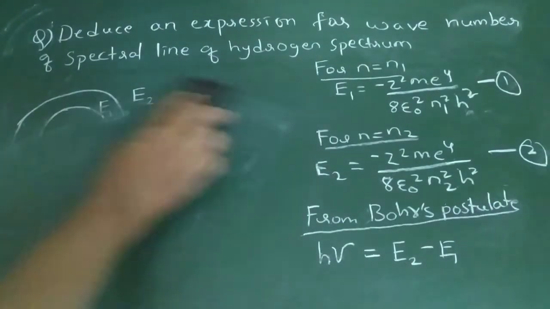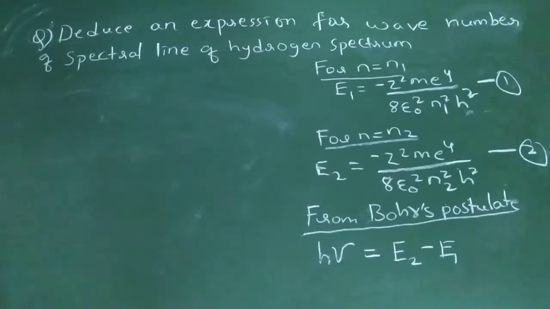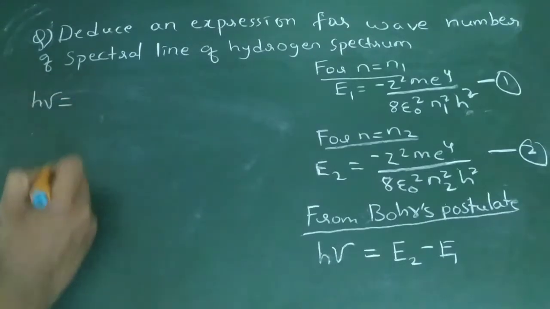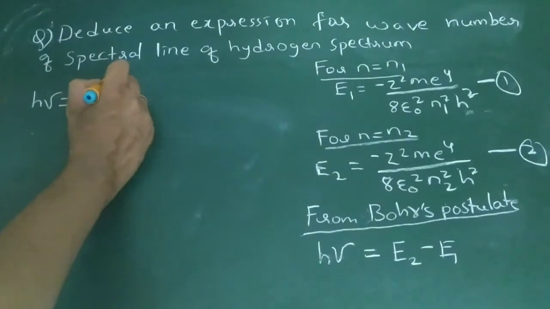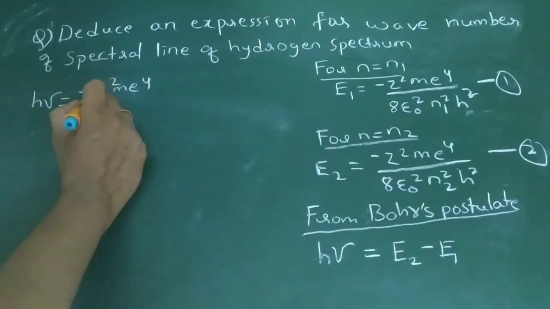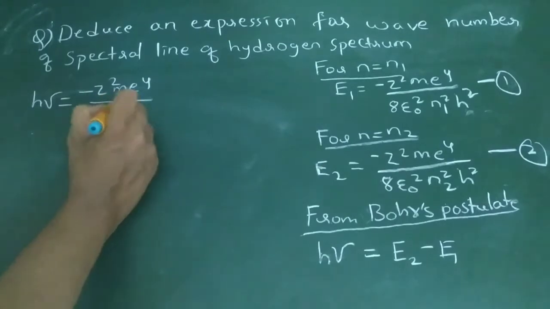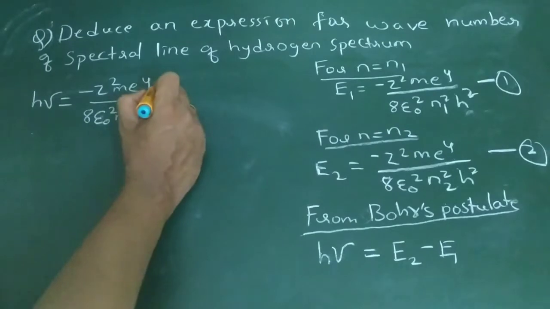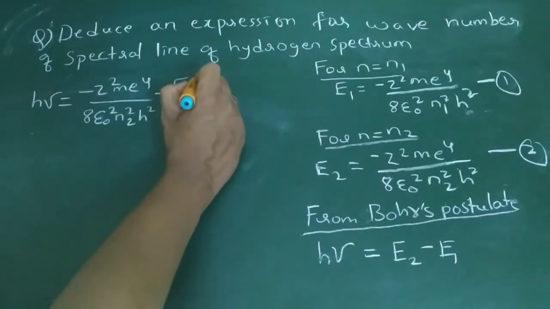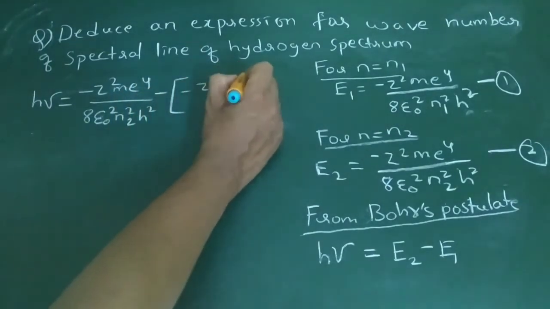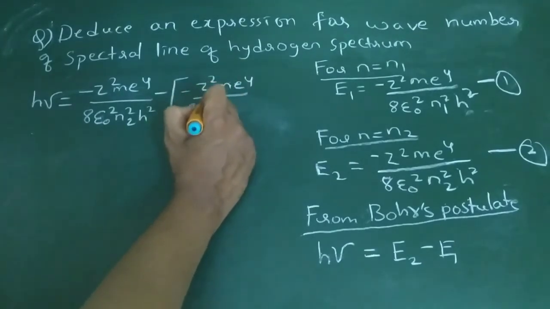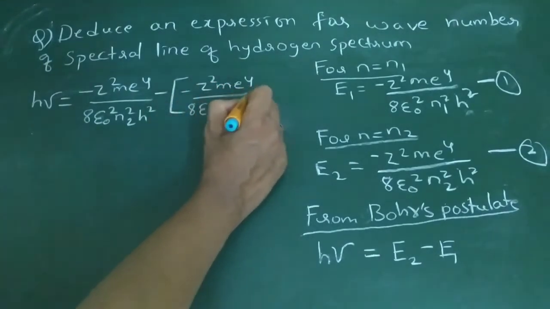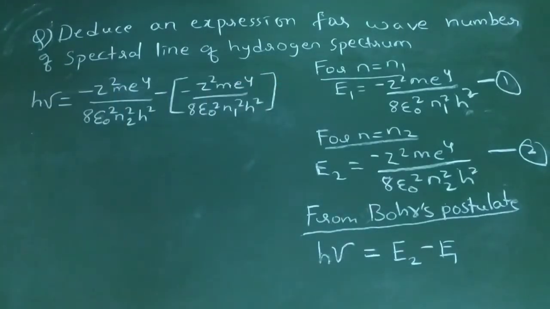So what I am going to get is h into mu will be equal to minus Z square m e to the power of 4 divided by 8 epsilon naught square n2 square h square minus of Z square m e to the power of 4 divided by 8 epsilon naught square n1 square h square. Did you get that?